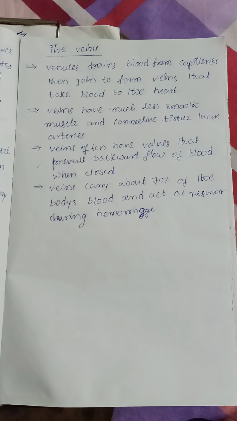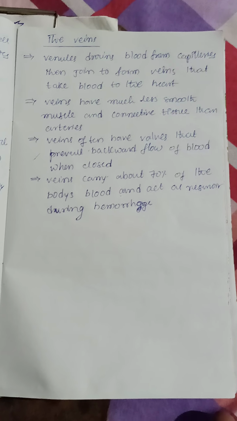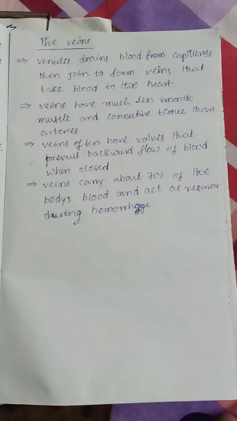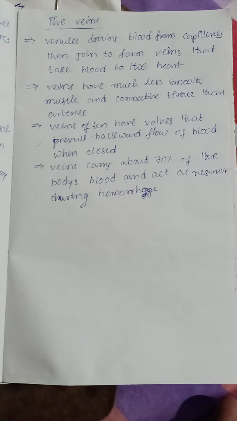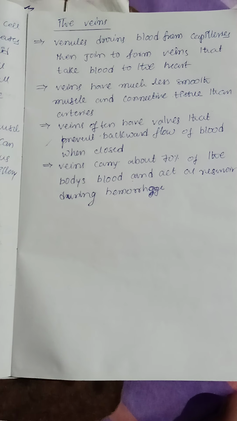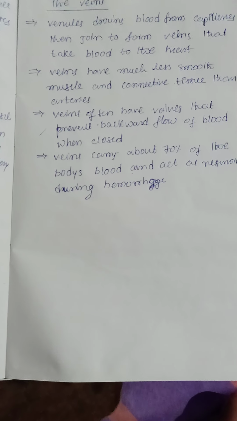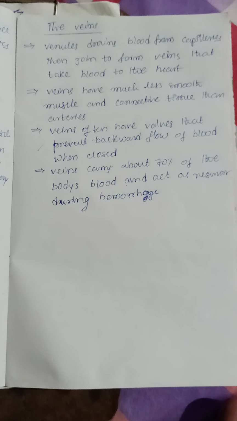Veins always carry deoxygenated blood from the whole body, but arteries do not. So inside the veins there are valves, and these valves prevent the backward flow of the blood when they close.